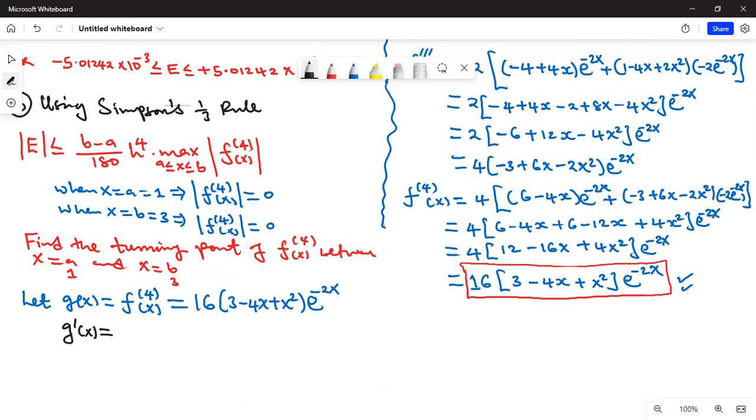So now g prime of x is equal to 16 times, now differentiate u, keeping v constant. That will give us negative 4 plus 2x, exponential negative 2x, plus, now u is constant, that is 3 minus 4x plus x squared. Differentiate the exponential function, you get negative 2 exponential negative 2x.